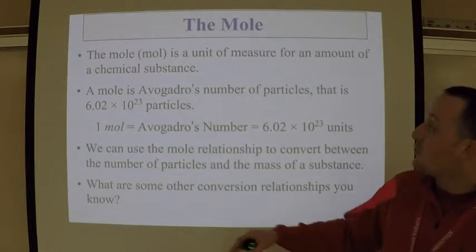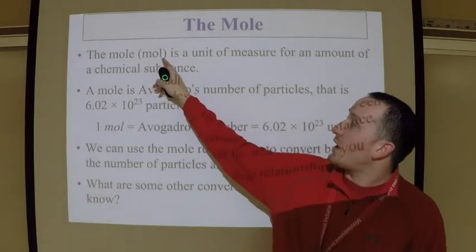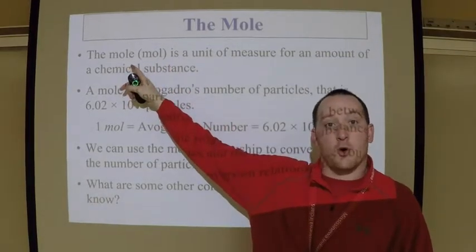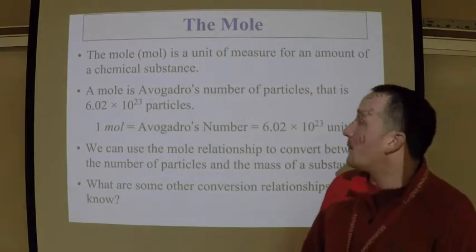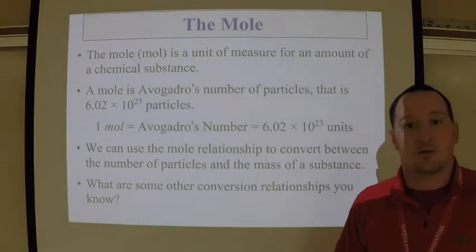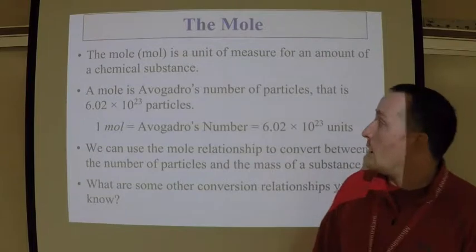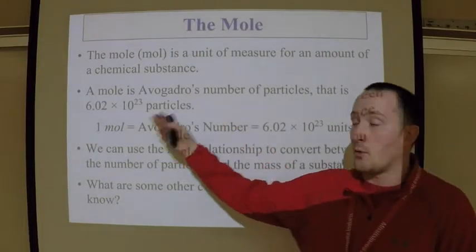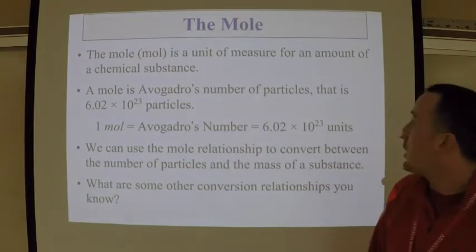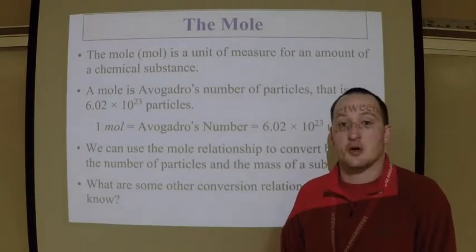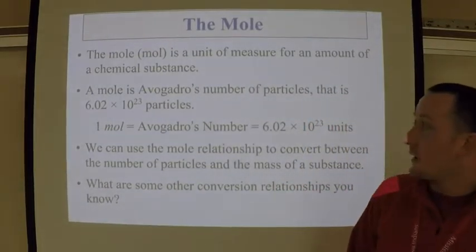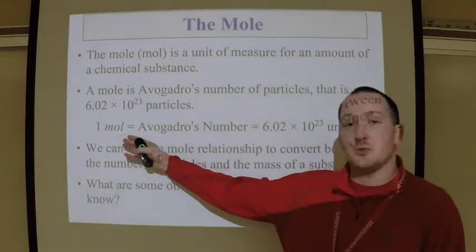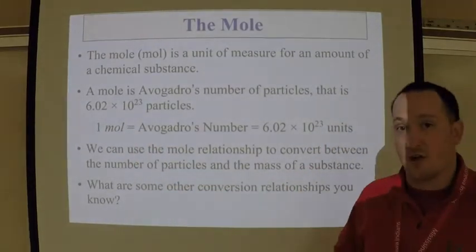The mole, which can be written either as M-O-L-E or M-O-L as an abbreviation, is a unit of measure for a chemical substance. Again, we talked about a mole being Avogadro's number of particles. Those could be atoms, those could be molecules. What we're going to use in this unit is something called a conversion factor.